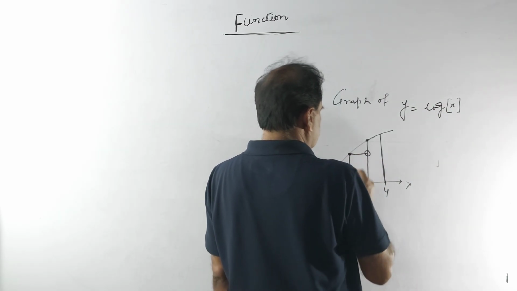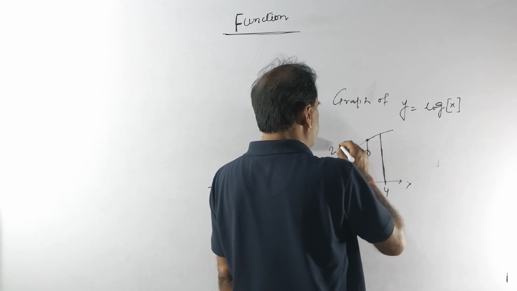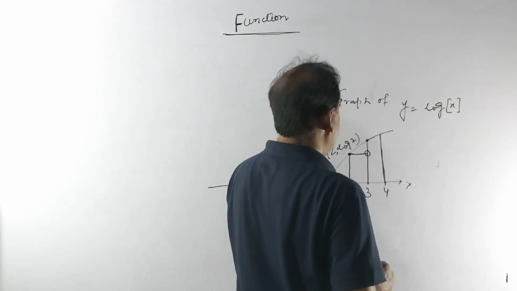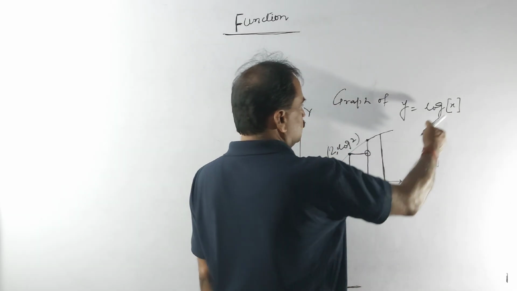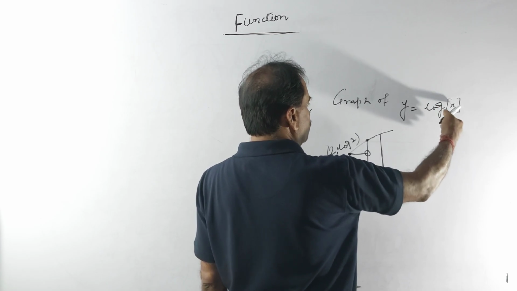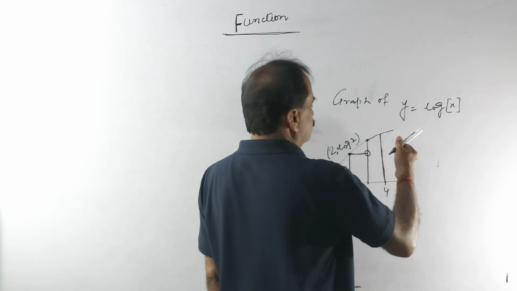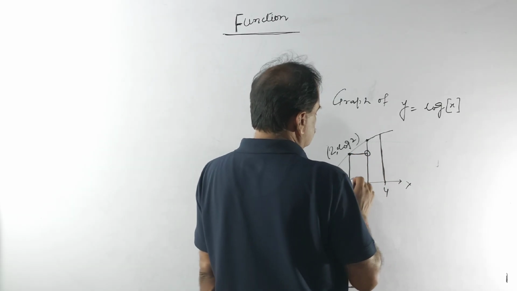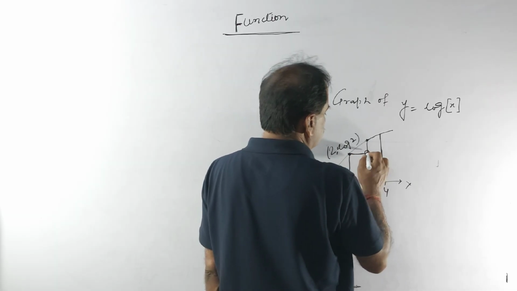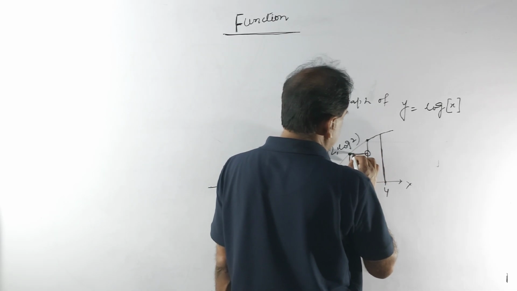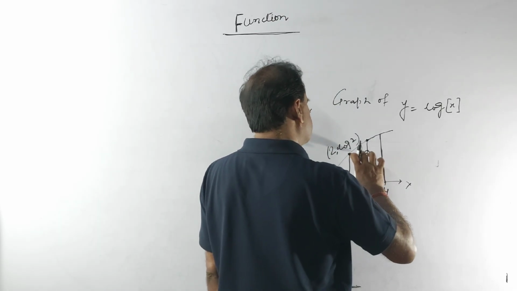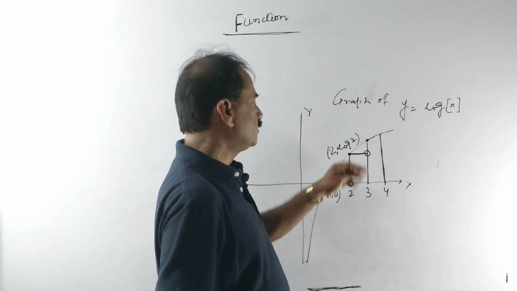This is the point (2, log 2). The greatest integer of a number lying between 2 and 3 is 2, so y equal to log 2. From this point to the next right vertical line, we draw a horizontal line. In this interval, y is always equal to log 2. So this is part of the graph.